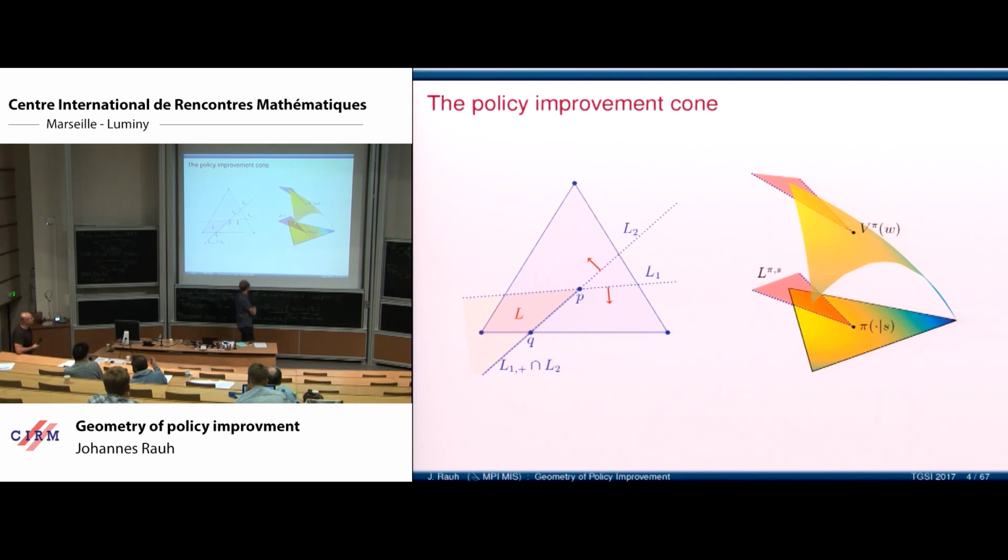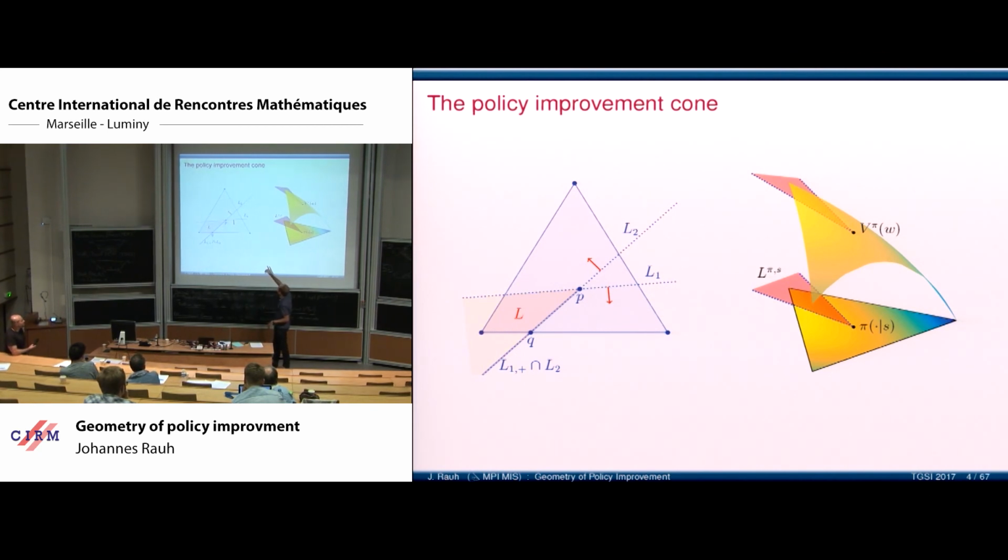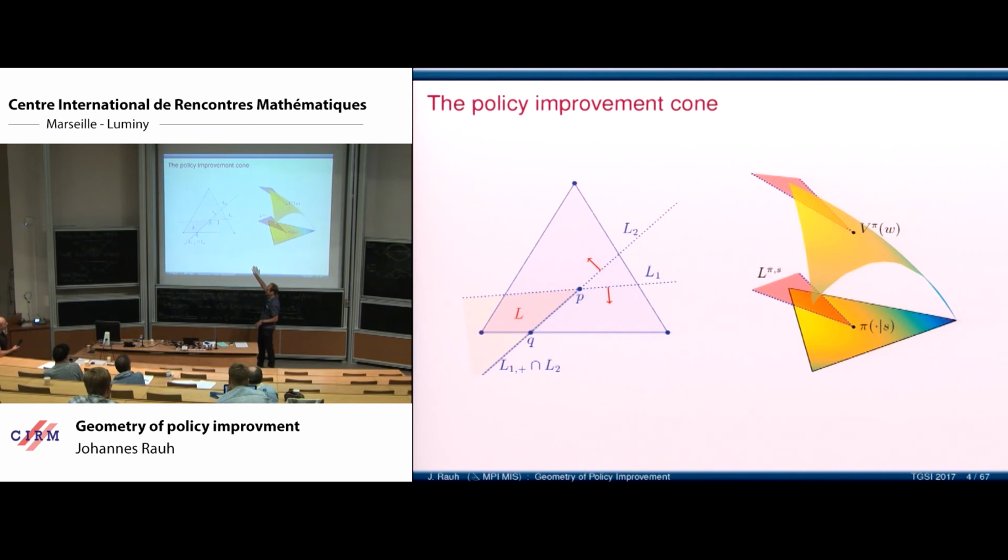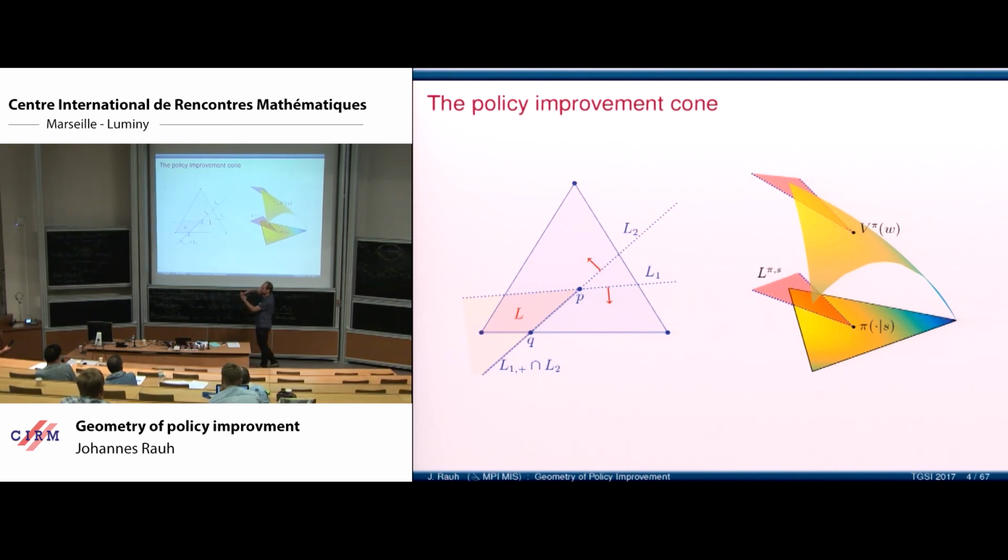Basically, what happens here is that if two world states are possible, then you have two hyperplanes, and there's always one direction in which you can go. If you have three, then to reduce the cone to a point, at least generically, you need a third hyperplane. But that's also fine with the theorem. Then you cannot improve, but the theorem tells you that you have to play a mixture of three policies, and every policy here is a mixture of three actions.